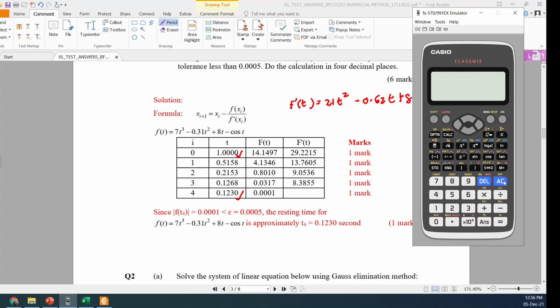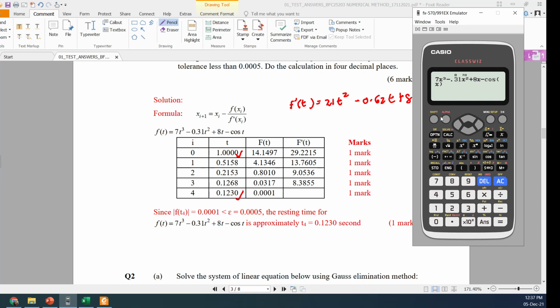If you use calculator, number 1, 7, let's say t, we put x minus 0.31 x squared plus 8 alpha x minus cos alpha x. 7x cubed minus 0.31 x squared plus 8x minus cos x.